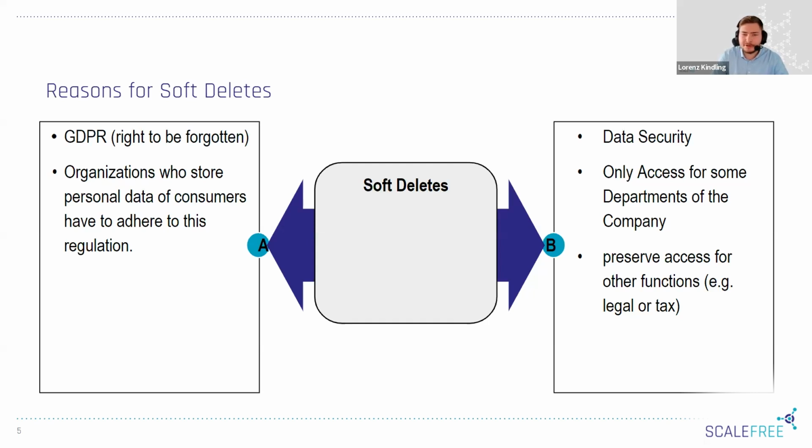A typical case is that you want to hide the information from most of the company, but only give it to the tax or the legal department. For that we have data security, and we then preserve access for only some departments or some people in the company. And the same can go for GDPR. Probably you want to do soft deletes for GDPR because you still want to preserve some of the data, but I will come to why we essentially don't do that.